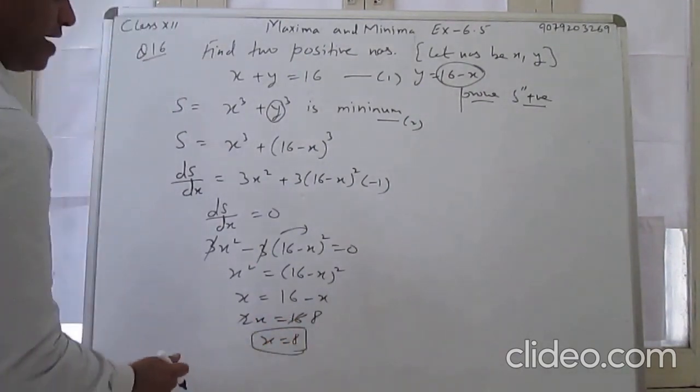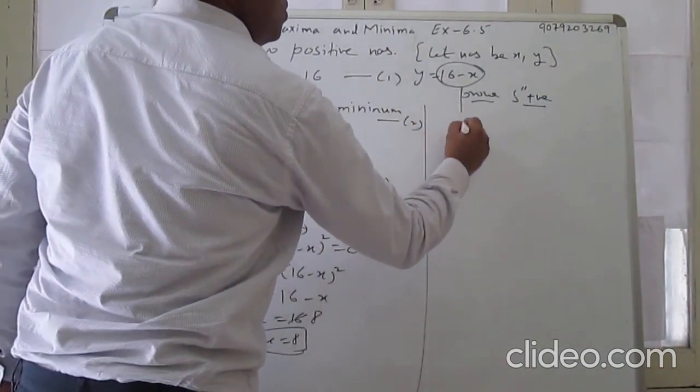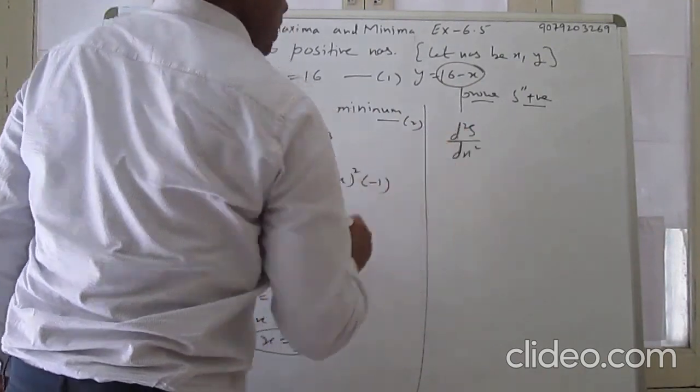At the point x is equal to 8, we have to check the double differentiation d2S by dx square.